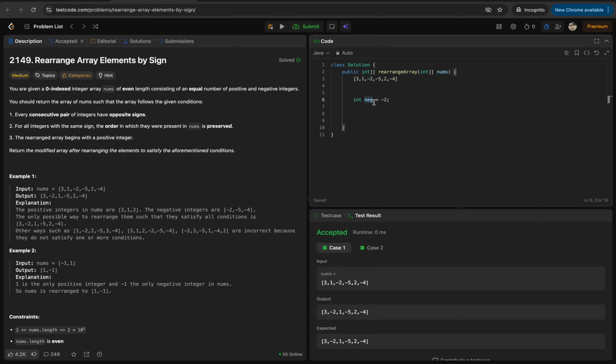So negative will become 3, and we will swap 2 with -2. So this will become 2 and this will become -2. Like this we will segregate all the positives and negatives, and later on we will merge them.